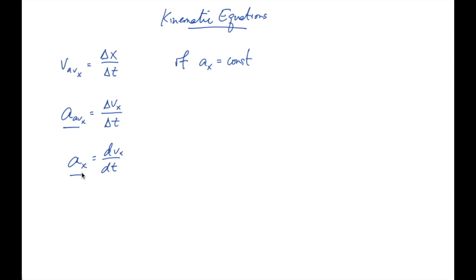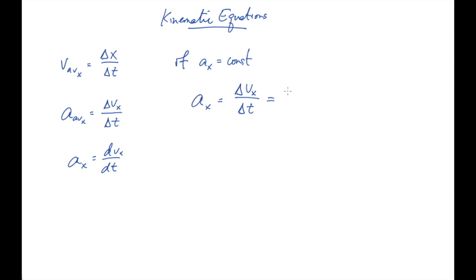So the first thing I'm going to do is to take this equation right here, and I'm going to set the acceleration equal to the right-hand side of that. So let me erase some of those, and we'll say the x component of acceleration is the change in x component of velocity over change in time. And that's because average equals instantaneous if the acceleration never changes.